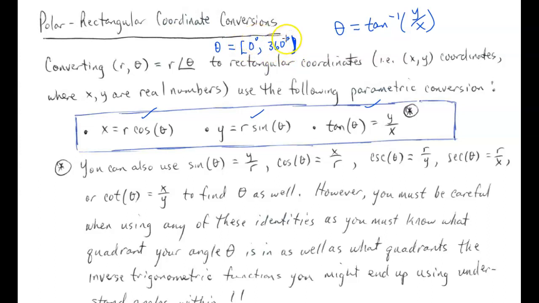I have parentheses here on 360 degrees because, of course, 360 degrees and 0 degrees are pretty much the same thing. So if we are in, let's say, quadrant 4, then one of the things we have to recognize about the arctan or tangent inverse function is that any angle that is in quadrant 4 for this tangent inverse function is going to be negative.